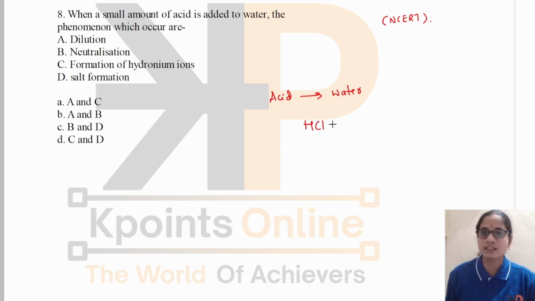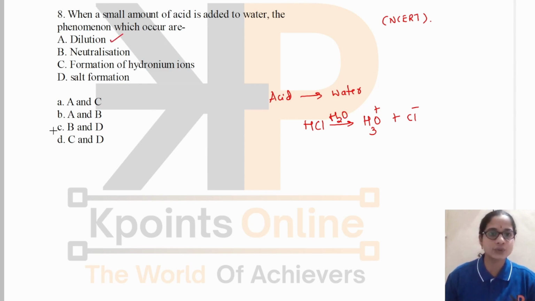Yes, if HCl is dissolved in water, there is a formation of hydronium ions and chloride ions in case of hydrochloric acid. And also again one thing happens. What is that? When we are mixing acid in water, the process is called dilution. Yes. So here we can say that two phenomena occur.